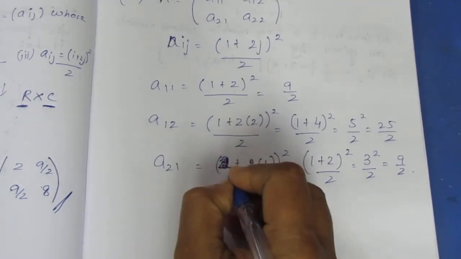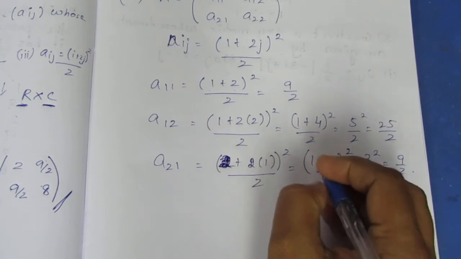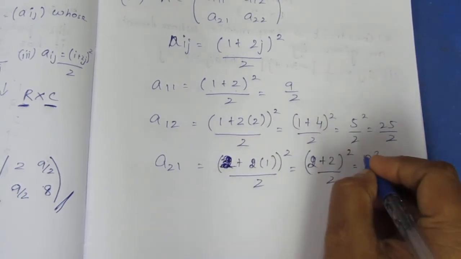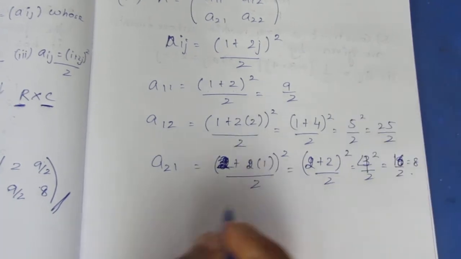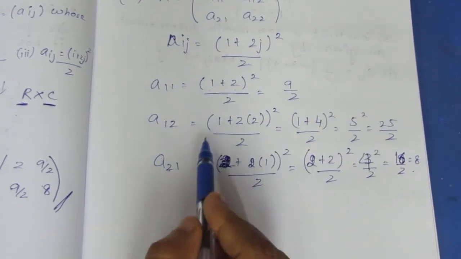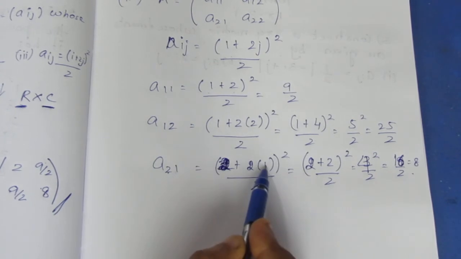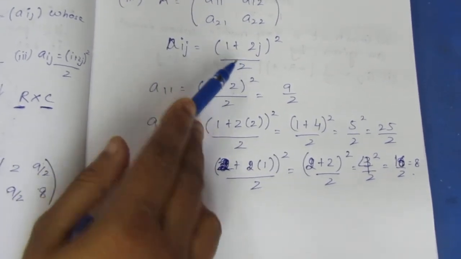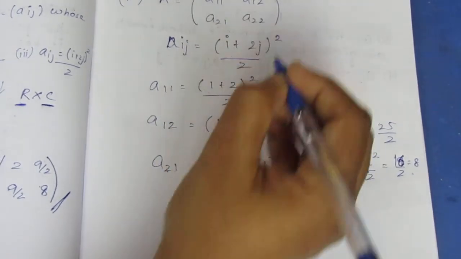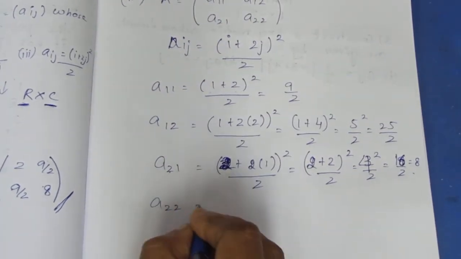Sorry, here it is 2 only. 4 square is 16 by 2, which is 8. We need to write the first one here, the second one into the bracket. So be careful while writing. See the element what is given here. It is i, not 1. Now it is 2, 2.